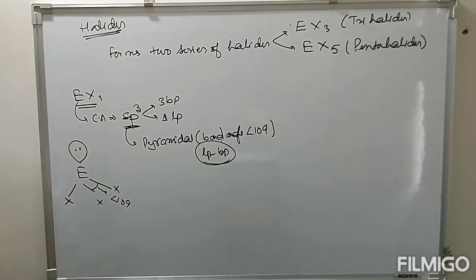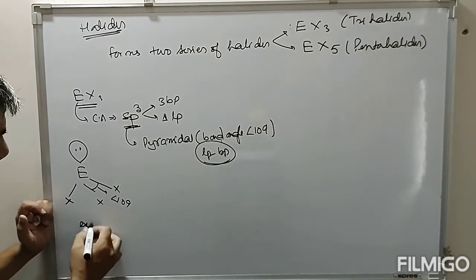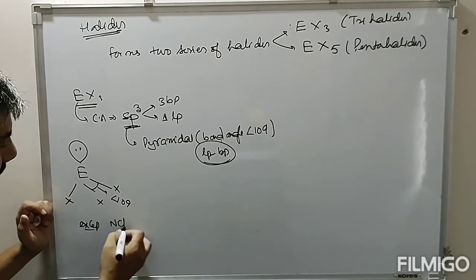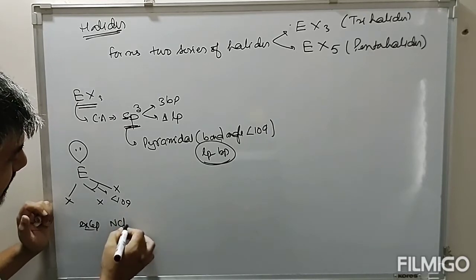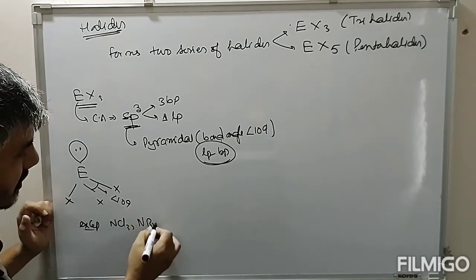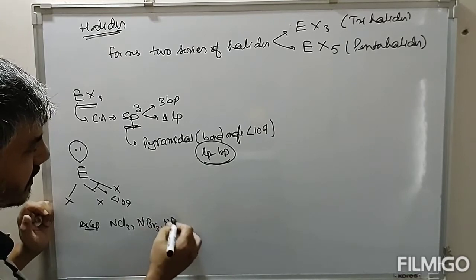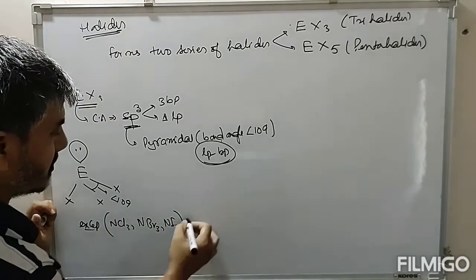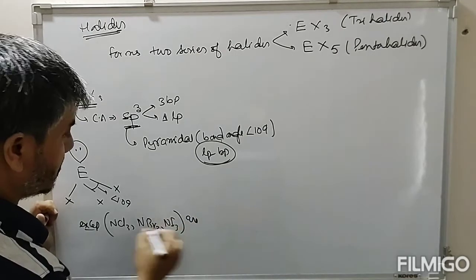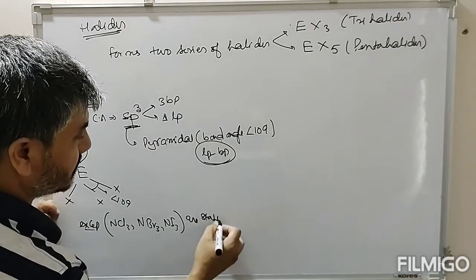Now all halides of this group 15 except NCl3, NBr3, NI3 are stable.